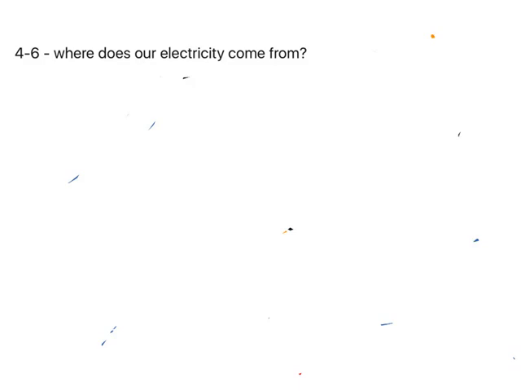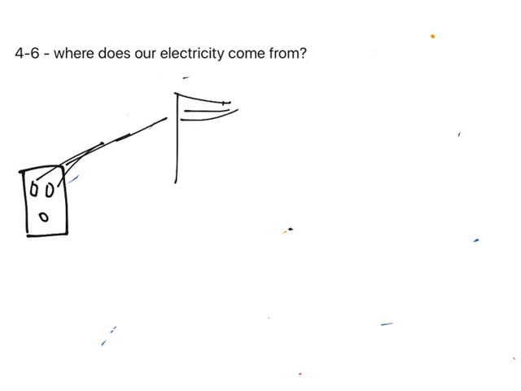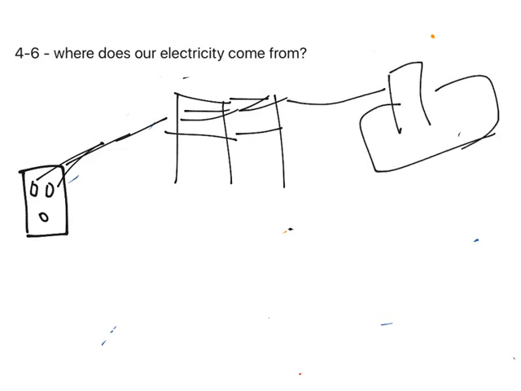So really, when you plug your phone to an outlet at home, like this, what is this connected to? This is connected to the wires outside, which is connected to some sort of power plant.